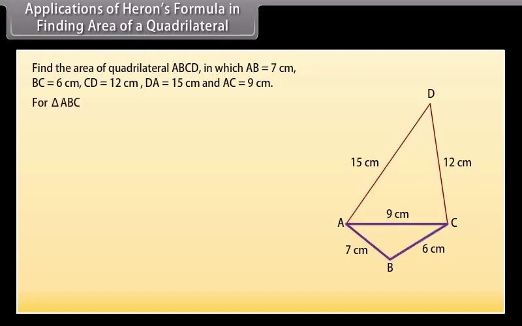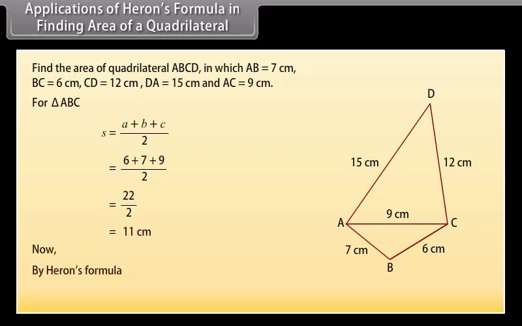For triangle ABC, S is equal to (A plus B plus C) whole upon 2, which is equal to (6 plus 7 plus 9) whole upon 2, which equals 22 upon 2, which is 11 cm. Now, by Heron's formula, area is equal to square root of S into (S minus A) into (S minus B) into (S minus C).